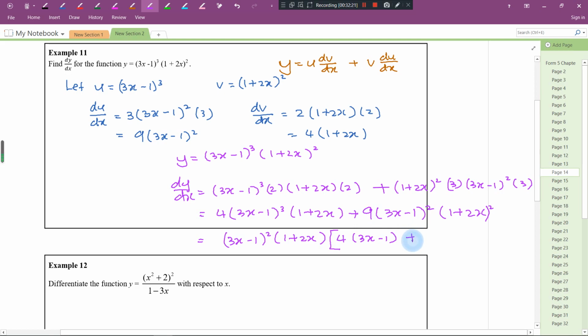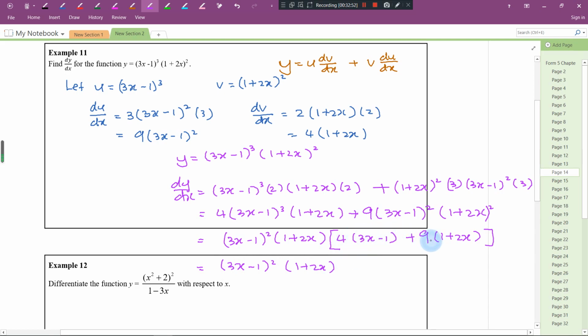Plus 9, you need to copy. Here is (3x minus 1) power 2. Here is already power 2. So we don't have to write anything here. How about here? This is (1 plus 2x) power 2. This is (1 plus 2x) power 1. It means that we need another one. Okay, so here you don't have to do anything. You just copy (3x minus 1) squared, (1 plus 2x).